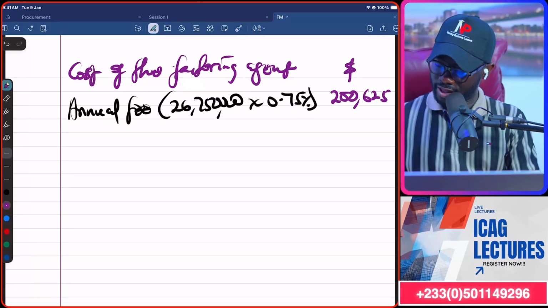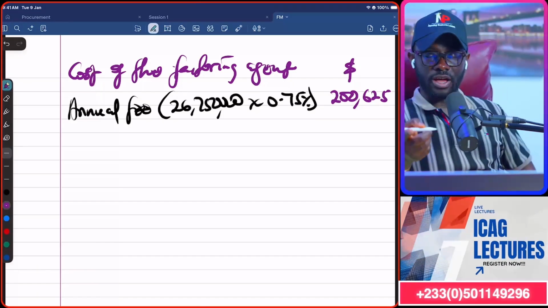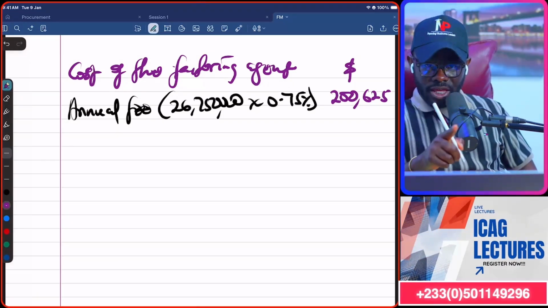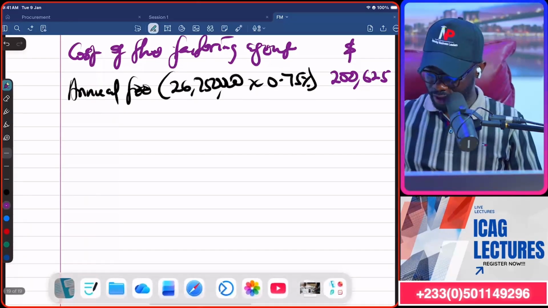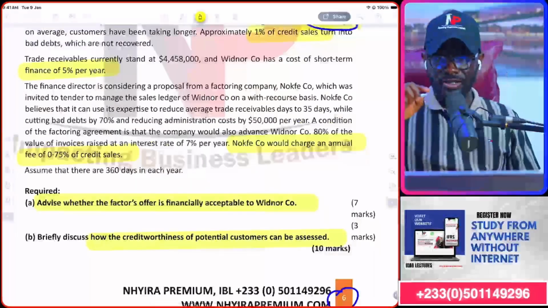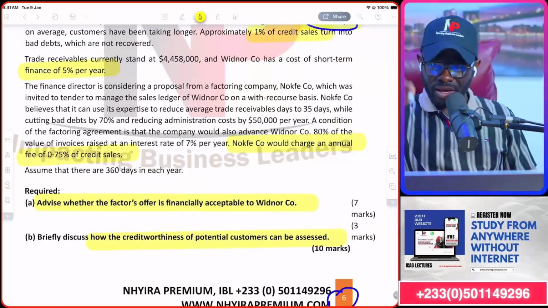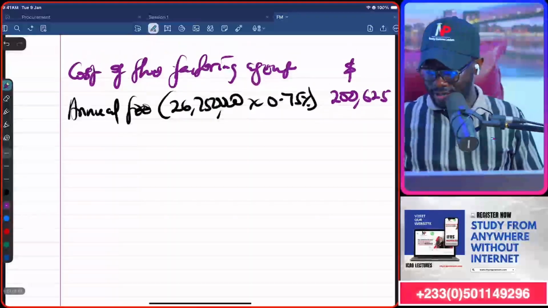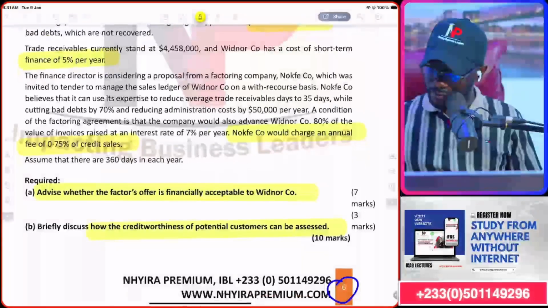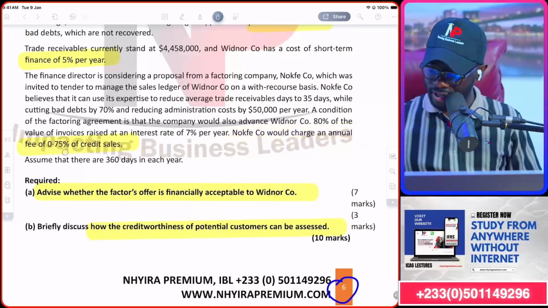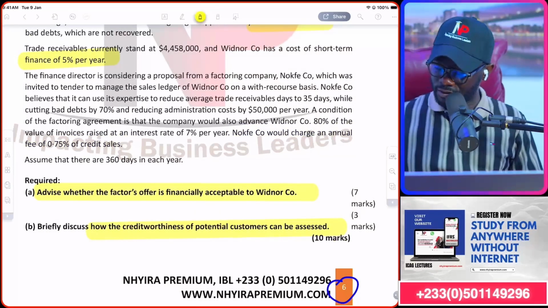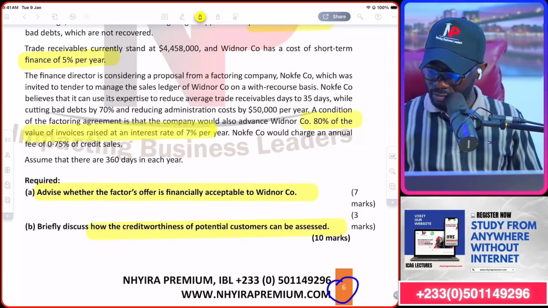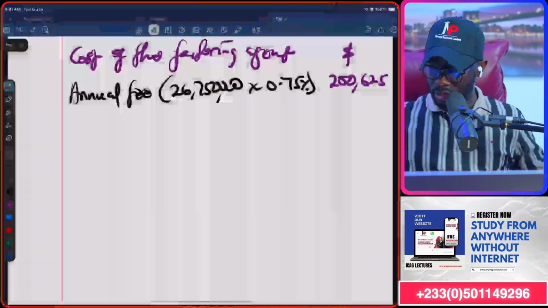So 200,625. Now you've got to be careful about this punching because it is 0.75%. So you've got to be careful. Now, in addition to this, they will give us some money up front, which we have to pay them interest on. They said they will advance 80% of the money to us, but we have to pay them an interest of 7%. So that will come.